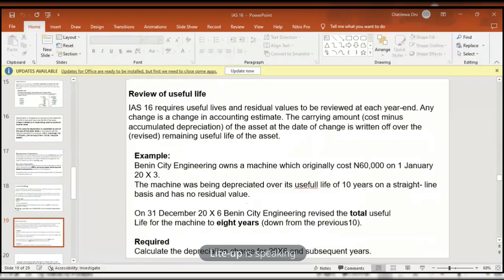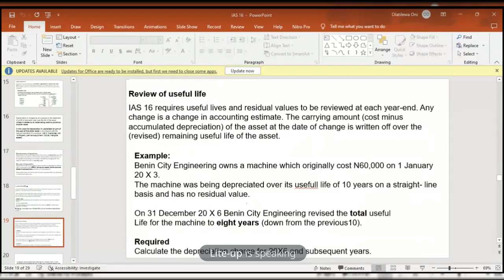We did this example also yesterday: initially they thought the machine would last for 10 years. After 3 years, depreciation had been charged. They went on to discover that the machine would not last for more than 8 years altogether.